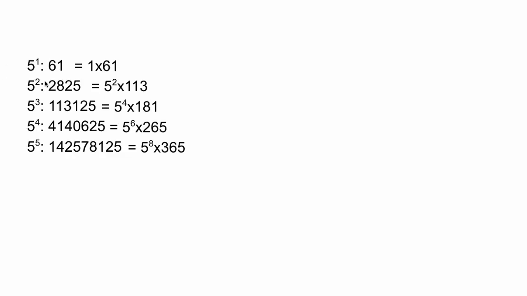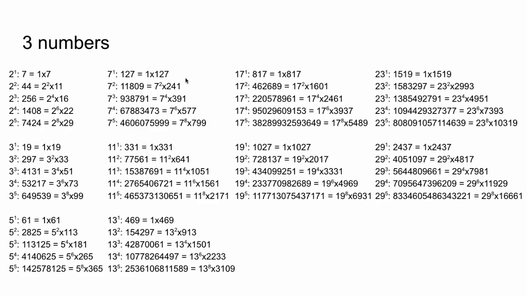Each of these numbers, 61, 113, 181, and so on, are all one more than a multiple of 4. Let's look at the 7 group. All of these numbers are one more than a multiple of 6. Well, it turns out that for all the ones I checked, this is true.